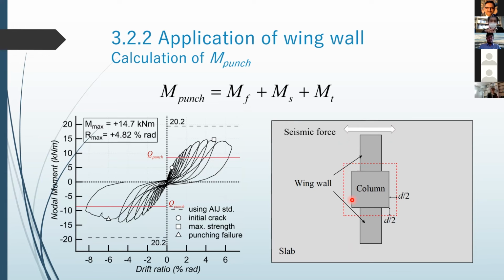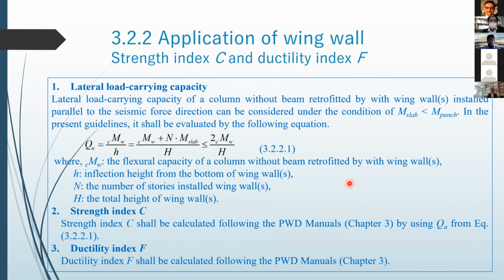So now we can compute M slab and M punch, compare them with each other, and estimate the failure mode of the flat plate column joint. And after making sure that we can prevent punching shear, we calculate the contribution of the interior column.